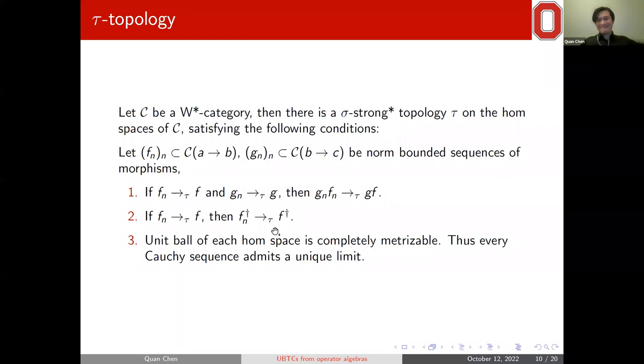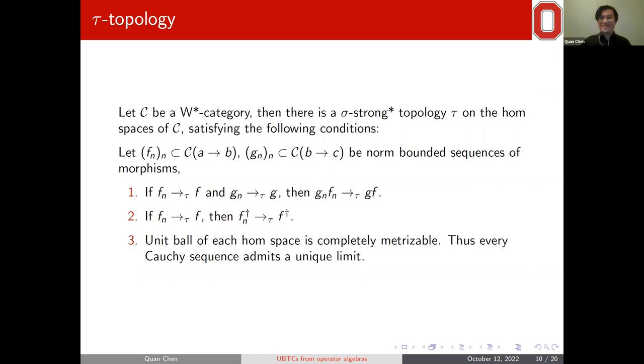This tau topology also works for C* categories, where the norm topology satisfies these conditions, so this construction also works for C* categories. Anyway, these are the setup. Now the interesting thing is that we're going to construct two subcategories of End(C) with a centralizing structure.